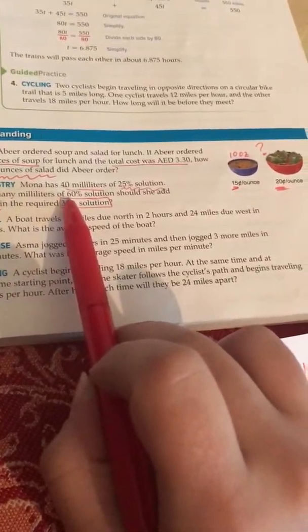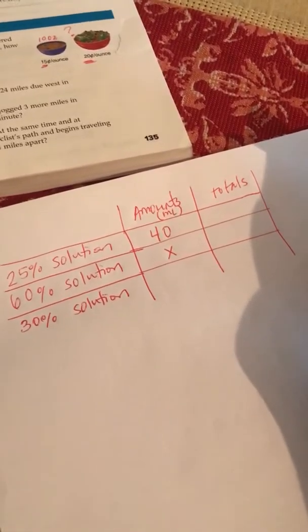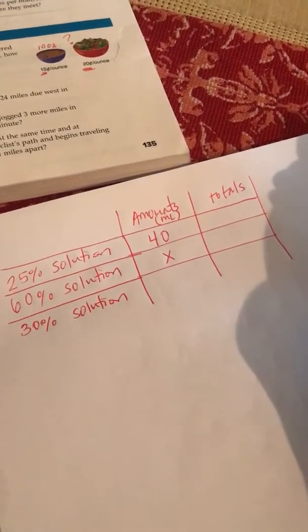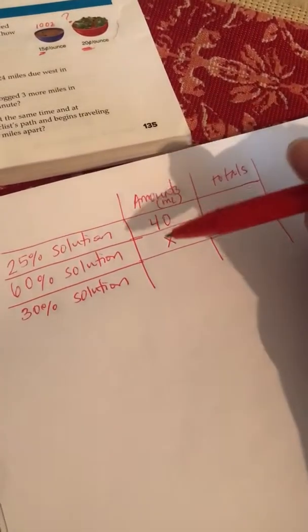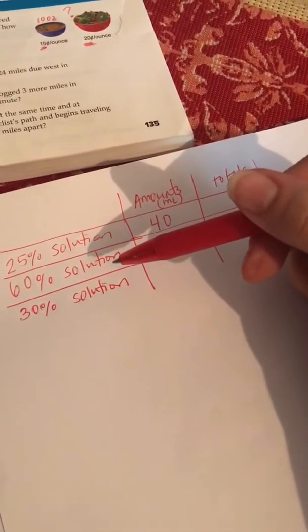But she wants to know how many milliliters of the 60% solution. So we don't know how many milliliters of the 60% solution, and we're going to use a variable. I'm going to choose x, but you can pick any letter that you want. I'm going to choose x because I don't know how much of the 60% solution.